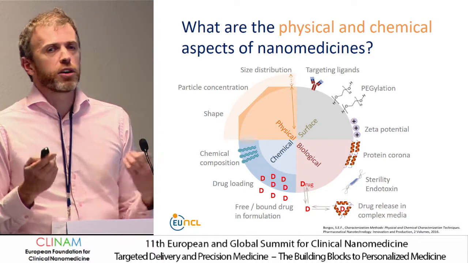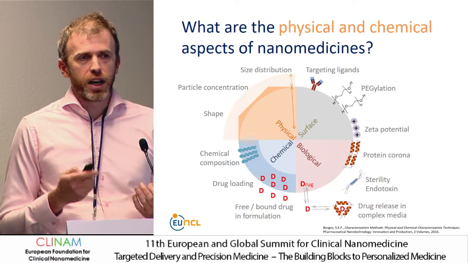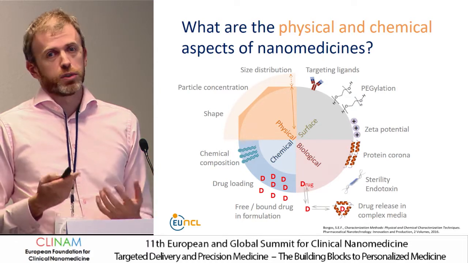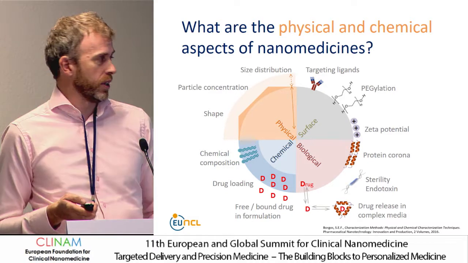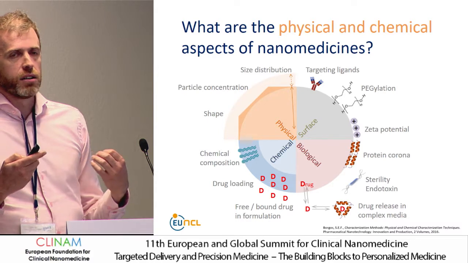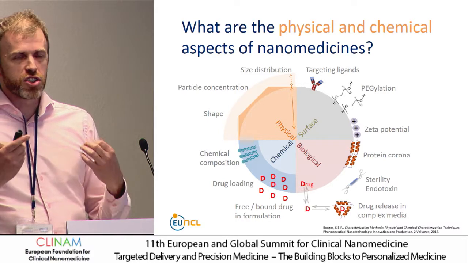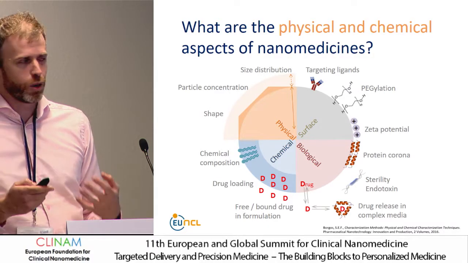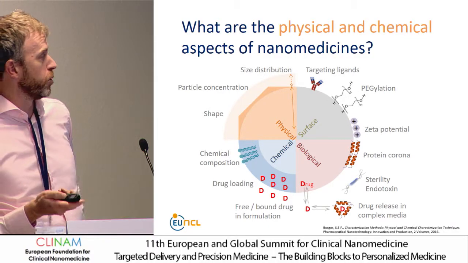And when the particles start interacting with a more complex biological system, they also start exchanging components, drugs typically. So there's really a structured chemistry in a nanoparticle, and that makes it quite a bit more complicated than a dissolved small molecule drug.